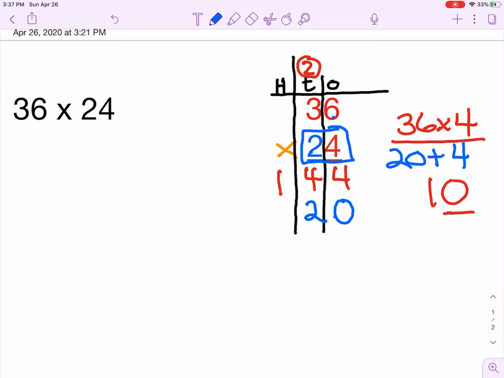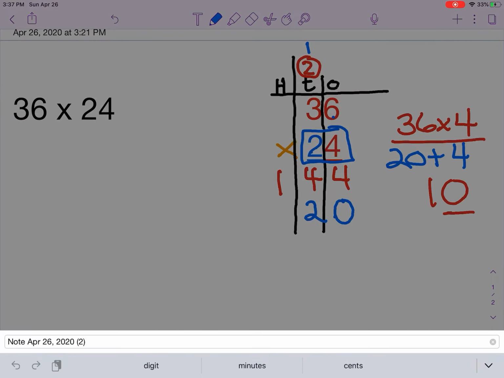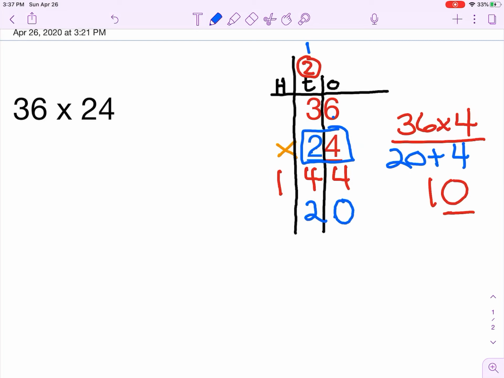And I'm going to carry up my 1. Again, put a little circle around it just to remind me that it's there. And then I'm going to be multiplying next 2 times 3, which is 6, plus 1 more. And you'll see the 72 built into what now is a product of 720.